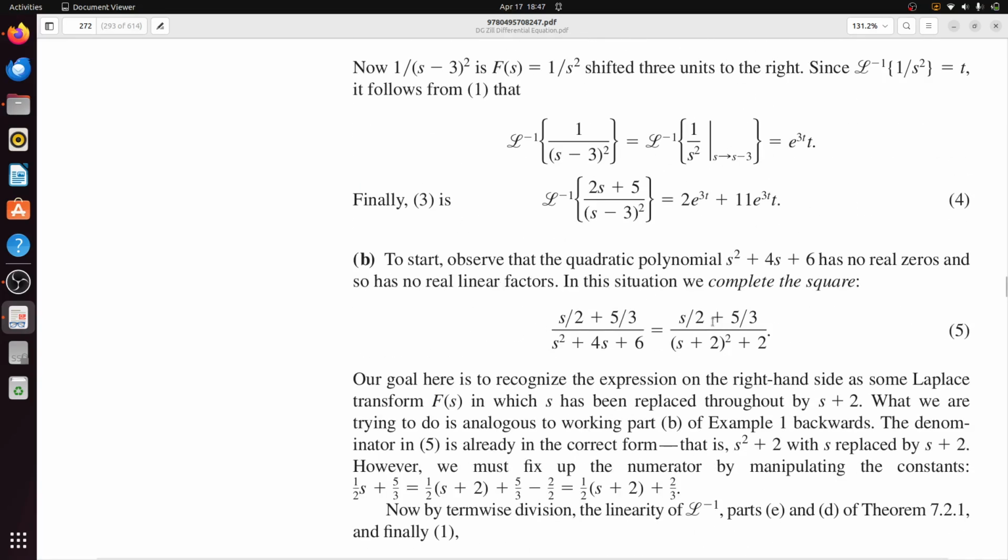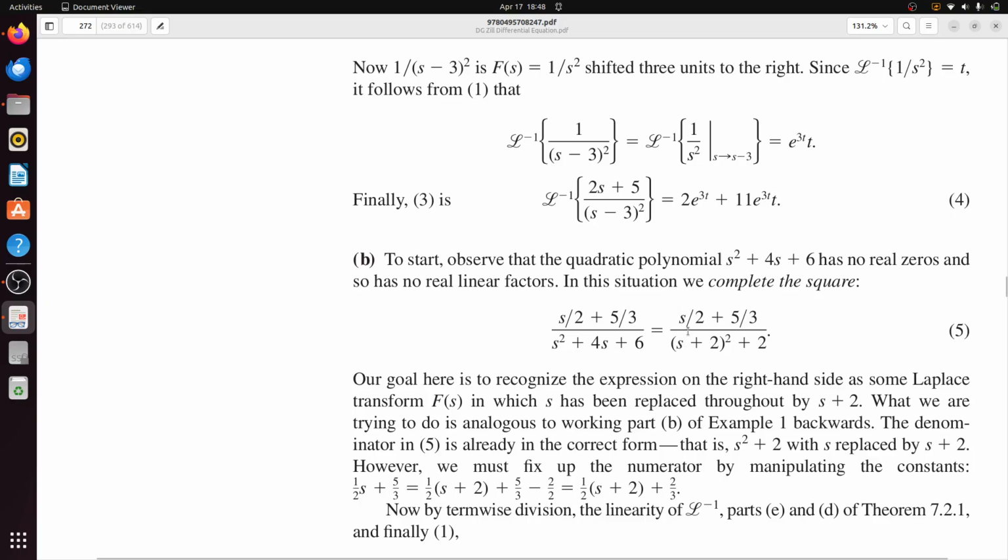Now we put it into square form and we get s by 2 plus 5 by 3 in the numerator, and below we get s plus 2 whole square plus 2. You need to think in the reverse manner. Here you have s plus 2 whole square, so you need to manipulate this s so that you can write s plus 2.